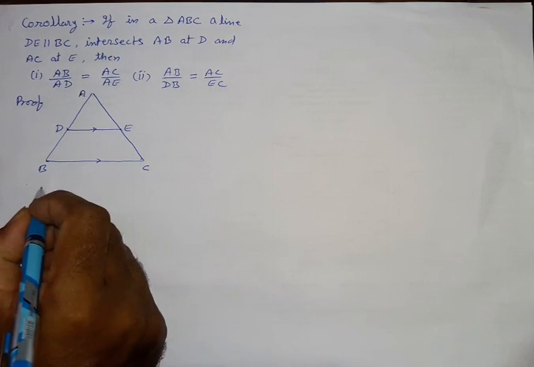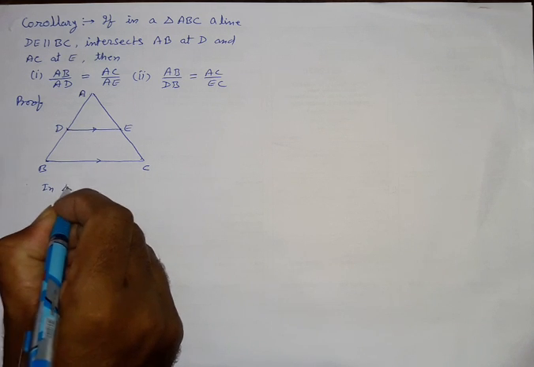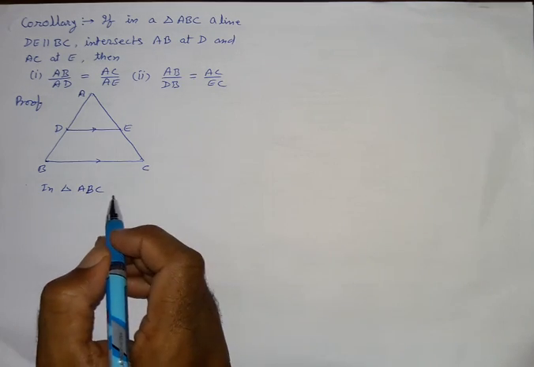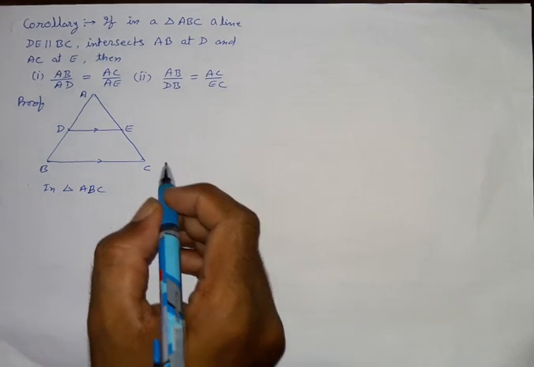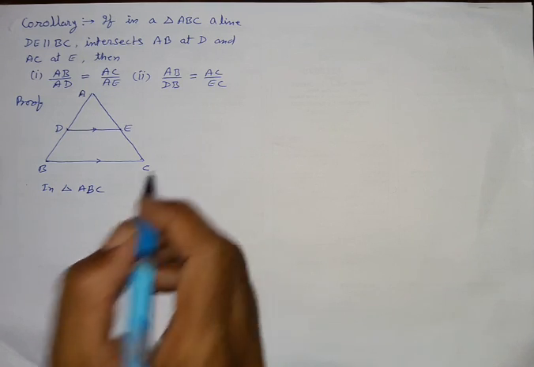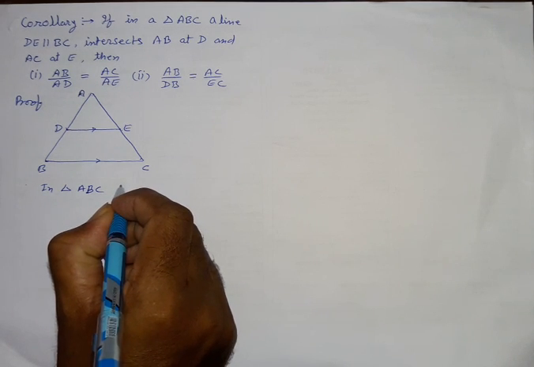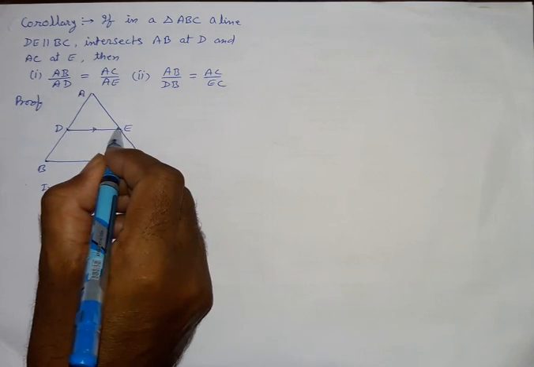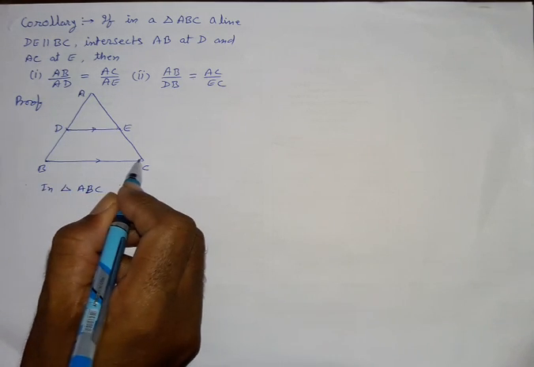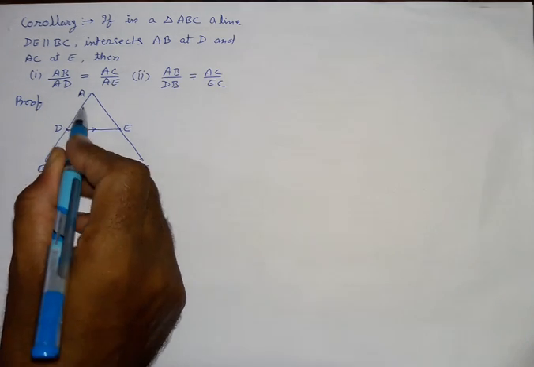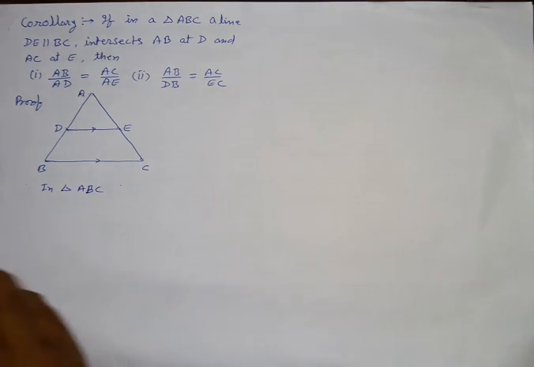Now we see that in triangle ABC, according to the BPT theorem, the basic proportionality theorem, we know that if a line is drawn parallel to a side of a triangle, then it intersects the other sides in the same ratio.